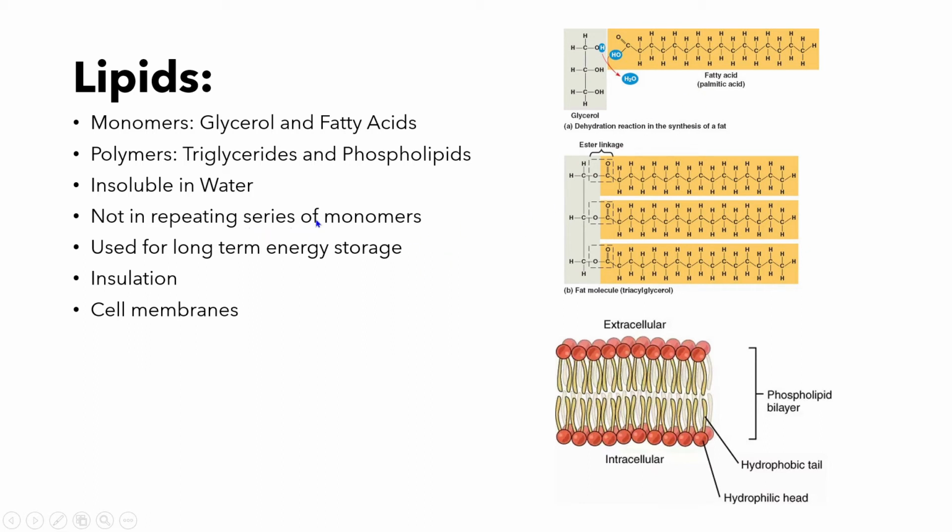The main characteristic of lipids is that they're insoluble in water. So, biological macromolecules that are insoluble in water are typically lipids. Unlike carbohydrates, they also don't come in repeating series of monomers.